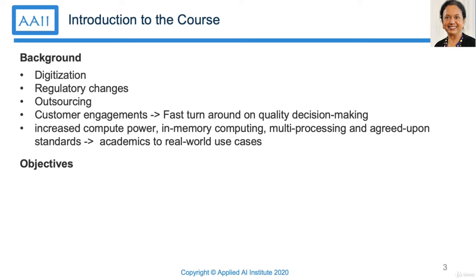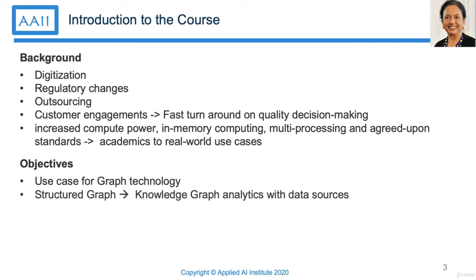Objectives. This course will describe candidate use cases for knowledge graph solutions using TigerGraph tools. It will help you design a graph solution that evolves from a structured graph to a knowledge graph. It teaches you AI technologies for bringing external knowledge sources and unstructured data to the graph.